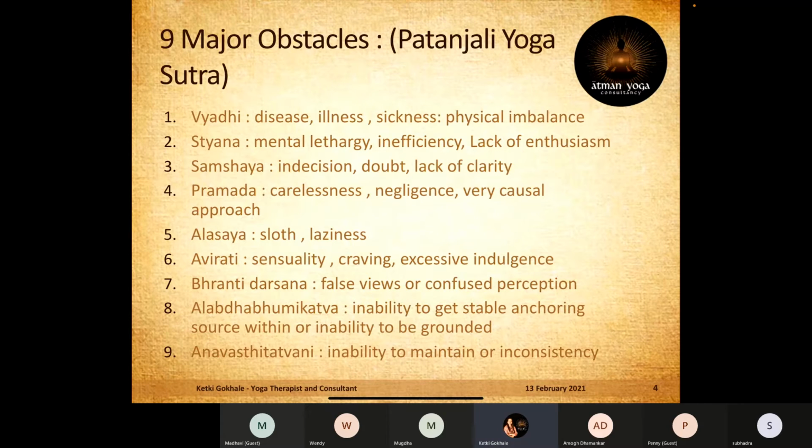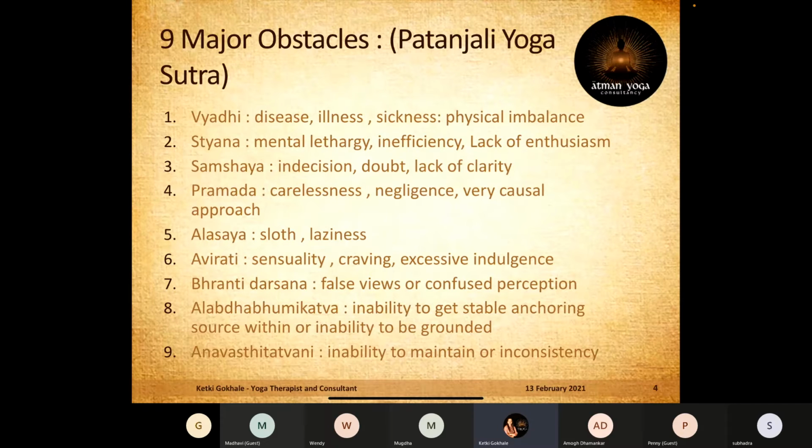The third one is Samshaya, which is indecision, doubt, lack of clarity. That doubting mind often weakens our intention and our commitment to our life. The fourth one is Pramada, carelessness, negligence, a very casual approach, or negligence of one's daily duties.